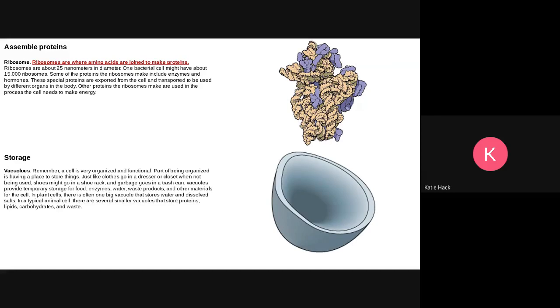Vacuoles provide temporary storage for food, enzymes, water, waste, and other materials for the cell. In plant cells, there is often one big vacuole that stores water and dissolved salt. In a typical animal cell, there are several smaller vacuoles that store proteins, lipids, carbohydrates, and waste.